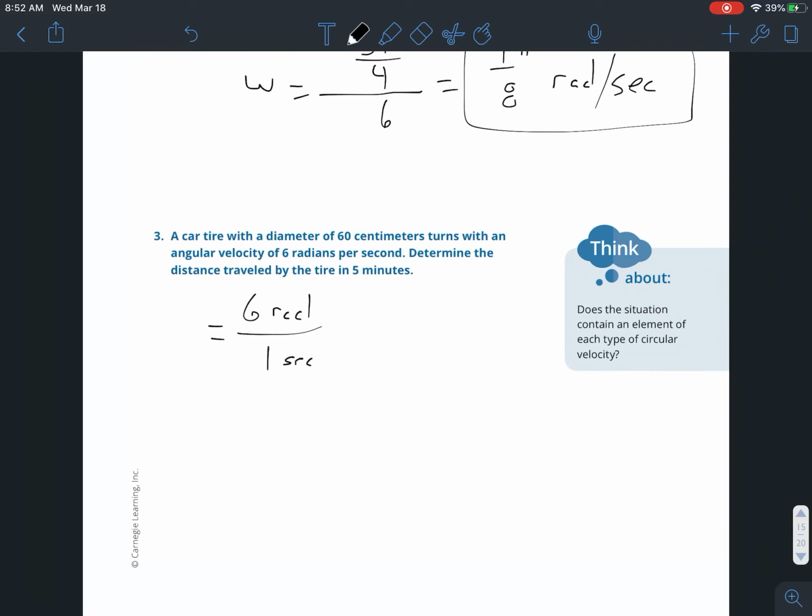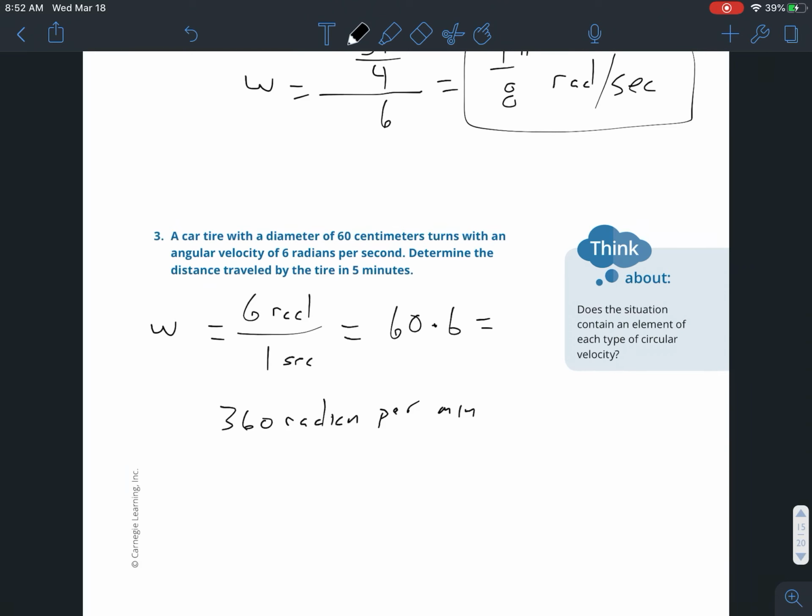Equals r omega. Now we know in 1 minute, because there are 60 seconds in a minute, if we get 6 radians a second, then in 60 seconds it will be 60 times 6, which gives us 360 radians per minute.